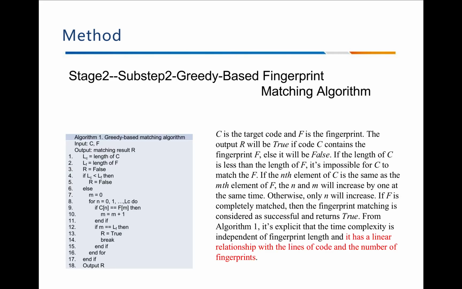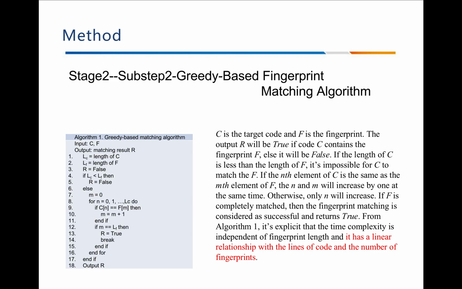The sub-step 2 is the greedy-based fingerprint matching algorithm. As shown in Algorithm 1, C is the target code and F is the fingerprint.